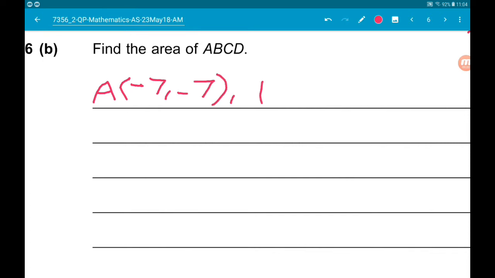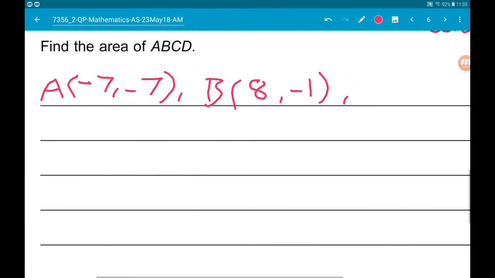Point B has coordinates 8, -1. And then we're also going to use point C. So point C has coordinates 4, 9.